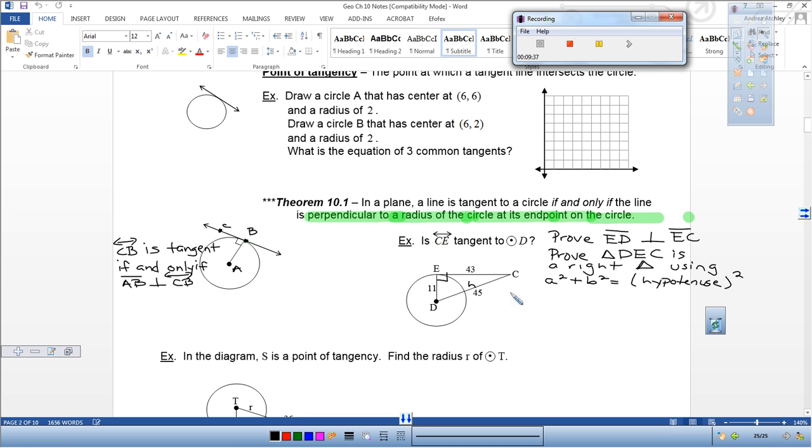Okay, so we're going to say 11 squared plus 43 squared has to equal 45 squared.